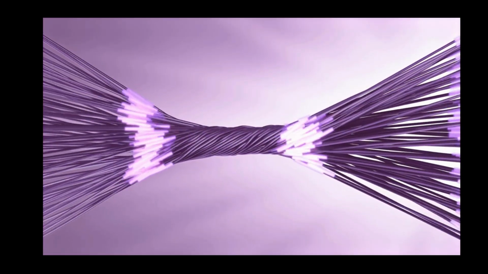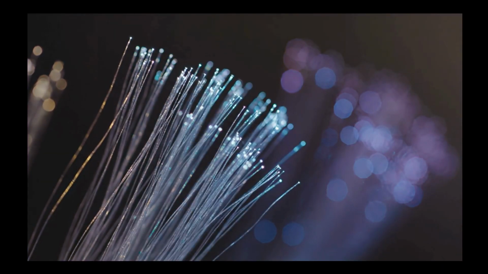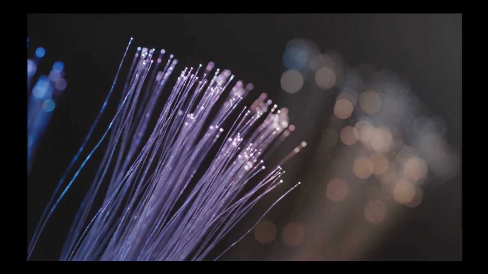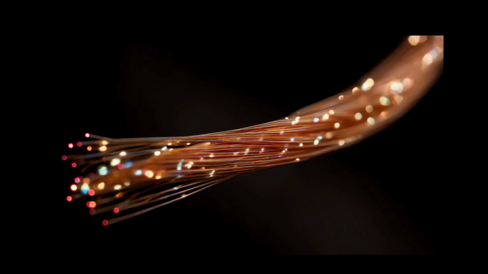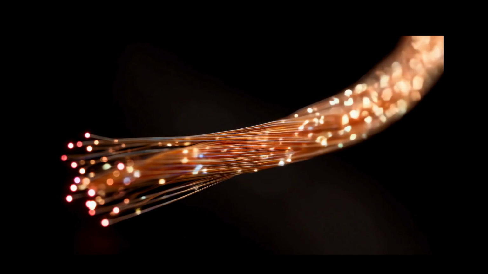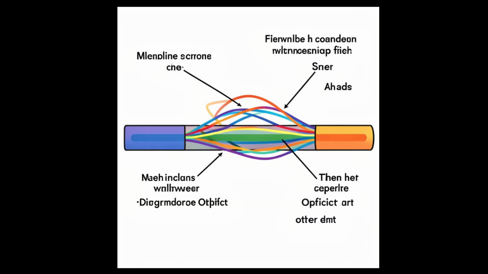They don't collide because they're on different channels. Your radio just tunes into the one you want. Same deal here. The receiver filters for specific wavelengths and ignores the rest. So a single strand of fiber can carry dozens, sometimes hundreds, of separate data streams just by splitting them across the color spectrum.